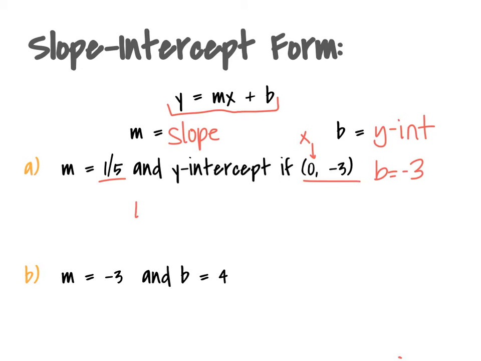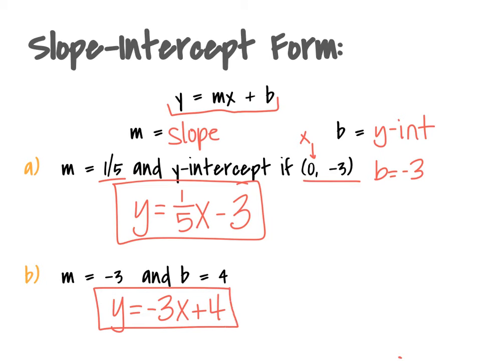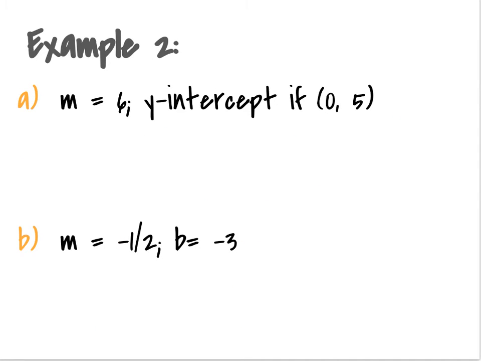But when you plug it in, you get y equals 1/5 x minus 3. That's it. They only asked for it in slope-intercept form. B, you're going to get y equals negative 3x plus 4. And that's it. Okay, so I'm going to let you try this one on your own. Pause the video and do it, and I'll give you the answer in just a second.